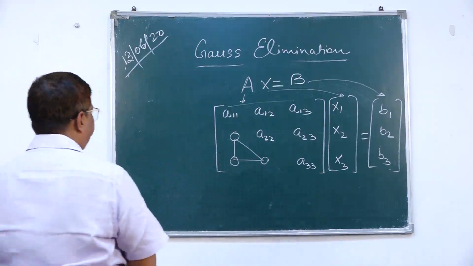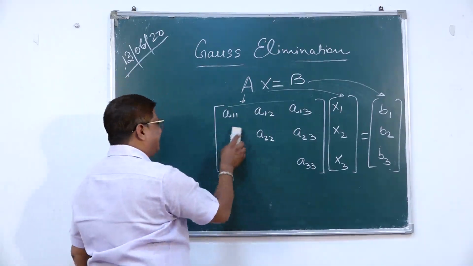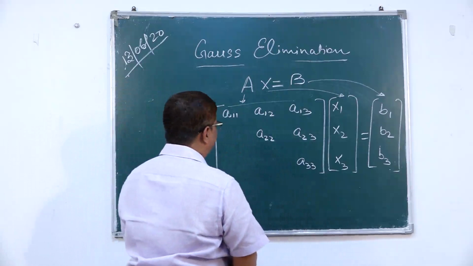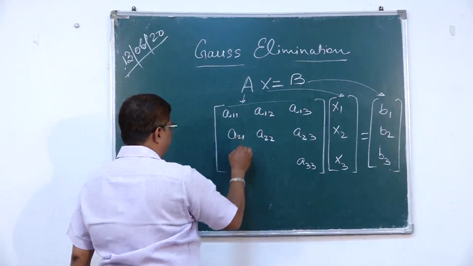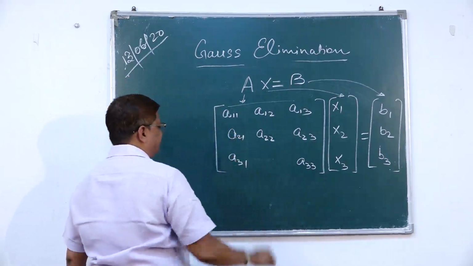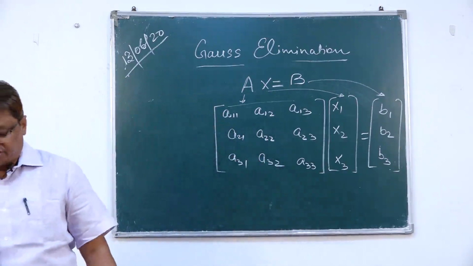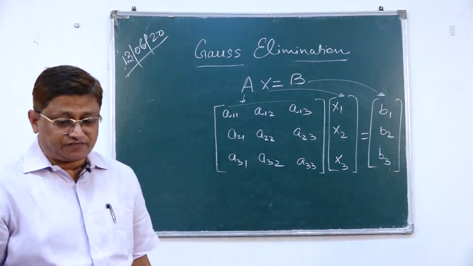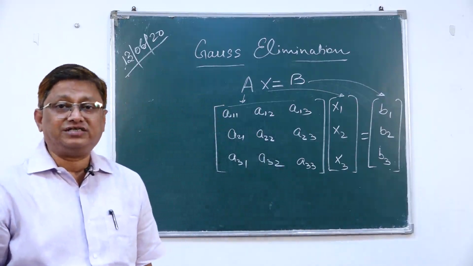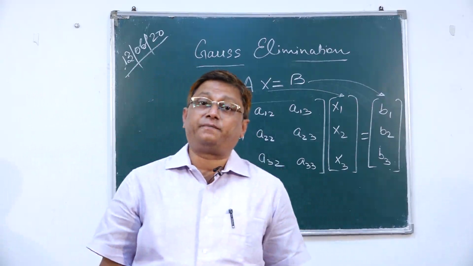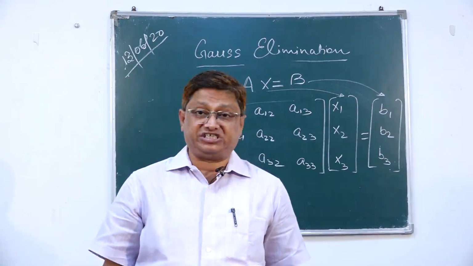Now we apply the process of how to eliminate a21, a31, a32. The process we apply to eliminate is called pivoting, P-I-V-O-T, pivoting.